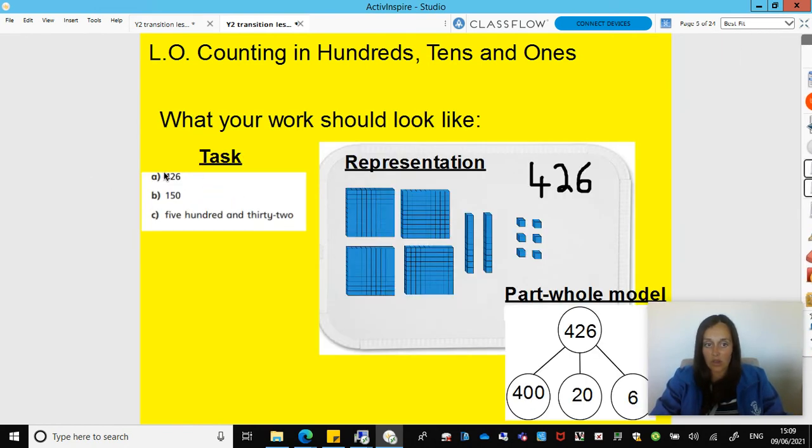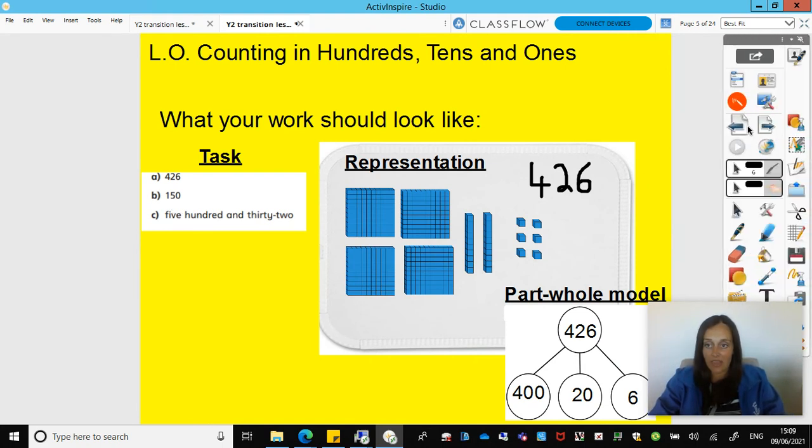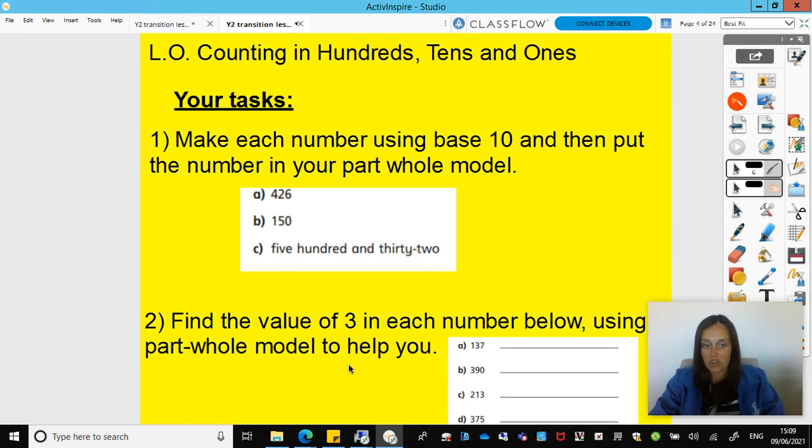So this will be your task, 426. You're going to get the base 10 from your classroom, make 426, and then you can put the number in your part-whole model. Your teacher will have the part-whole models ready for you to fill in, okay? So you've got these 3 numbers to do. If you then complete that, you can then complete question 2.